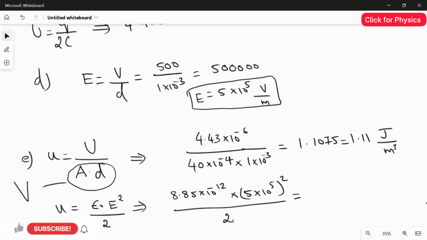So 8.85 10 power minus 12 multiplied with 5 10 power plus 5 square over 2. I got 1.106. So if you round the value, it is 1.11, again the unit is joules per meter cube.